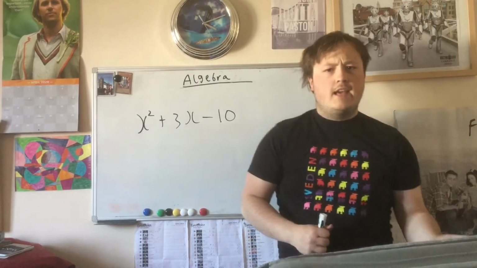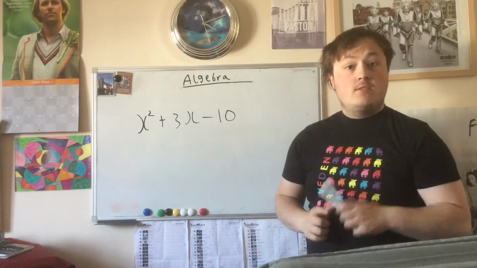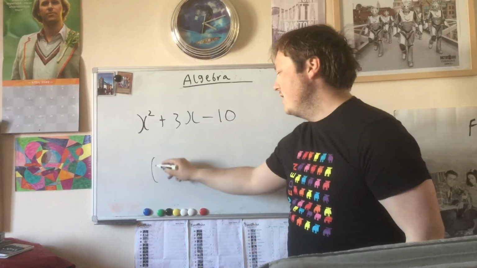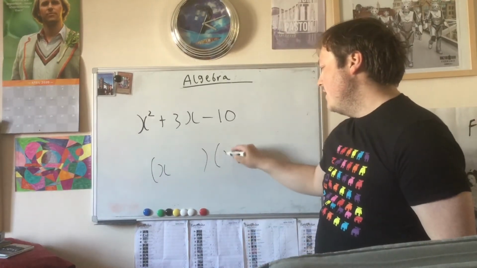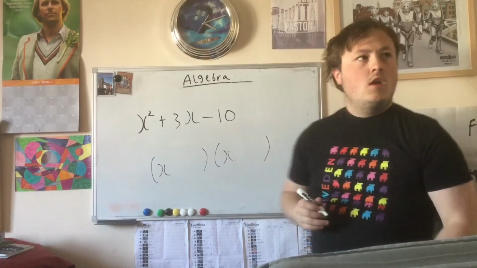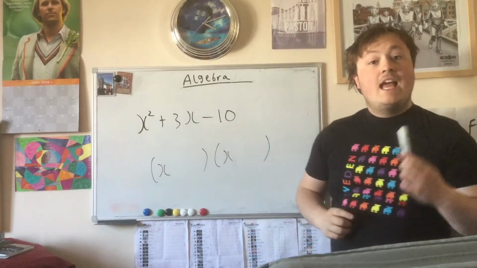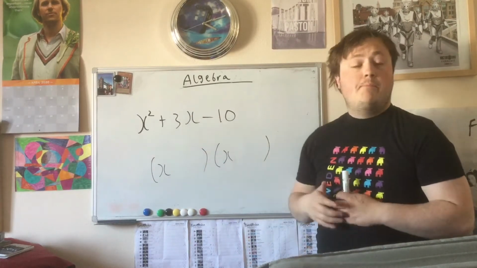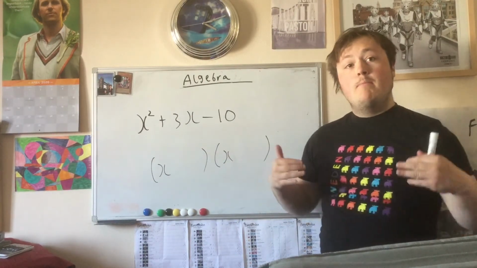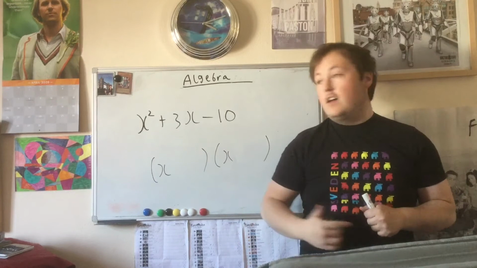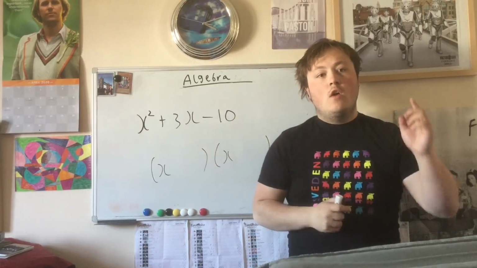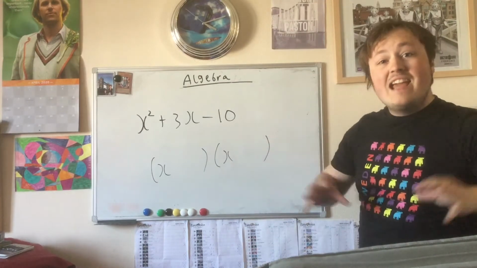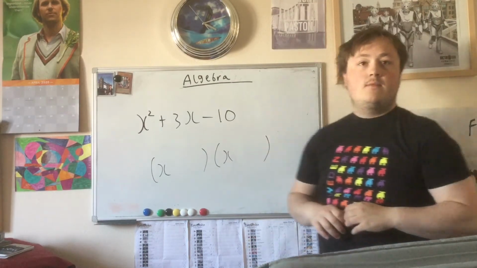What about one like this? Well, before we do, we first do our x squared as per usual. Our x squared is still x squared, so we have an x here and an x here. Now here's another rule. If when we're adding two numbers together, there's a positive, but when we're multiplying the two numbers together, it's negative, we are using a positive number and a negative number in this.